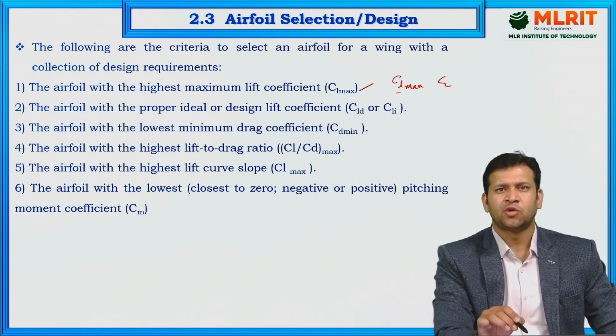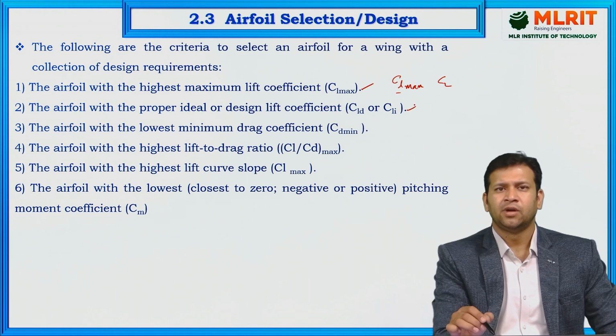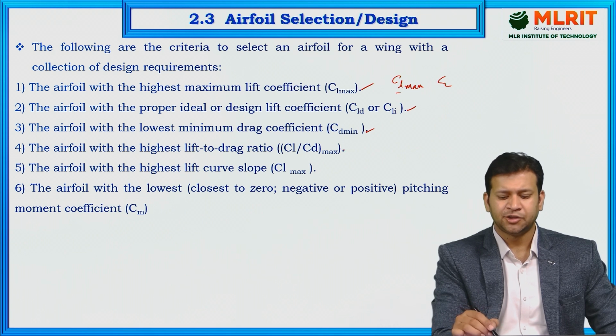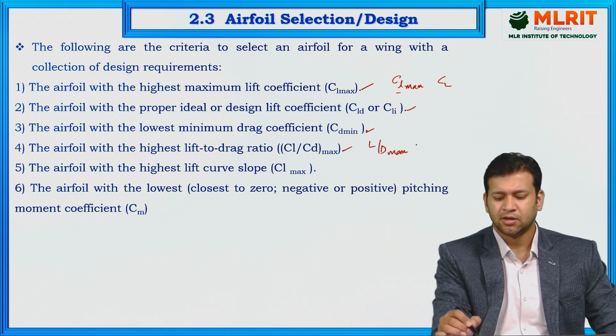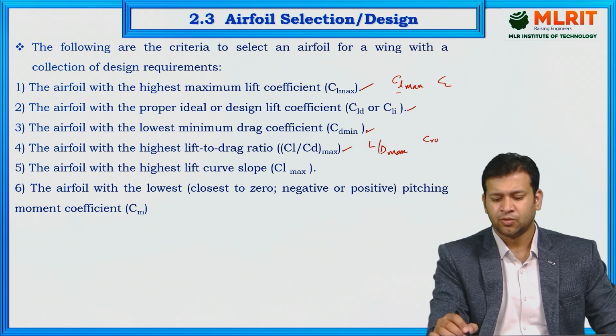The airfoil with proper ideal or design lift coefficient, the airfoil with the lowest minimum drag coefficient, the airfoil with highest L by D ratio, that is aerodynamic efficiency L by D max, which will be a very important parameter in establishing maximum takeoff weight for cruise and loiter.